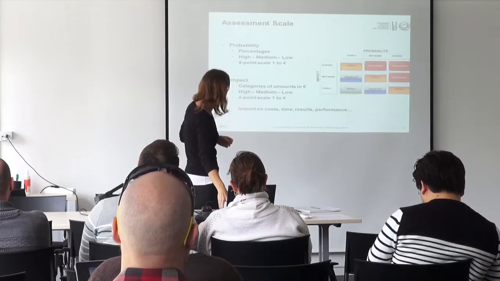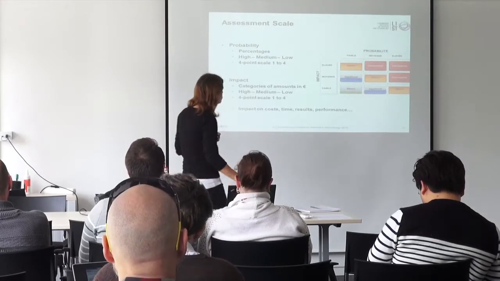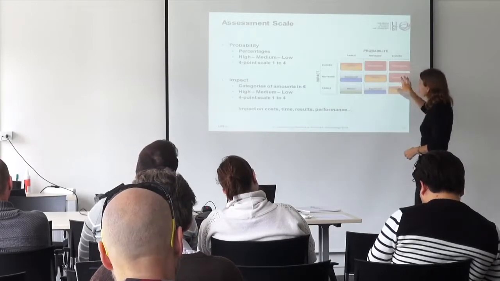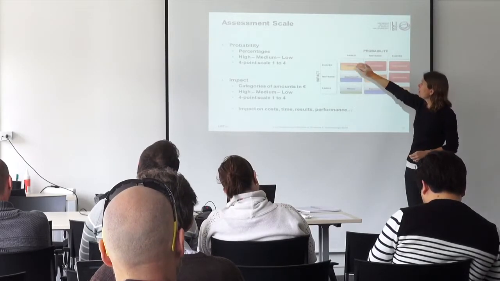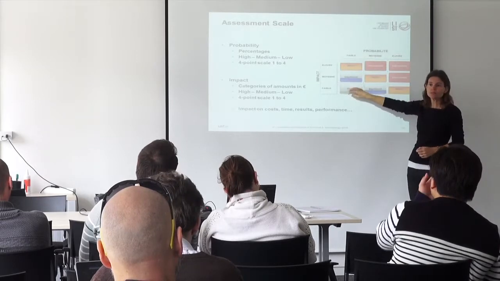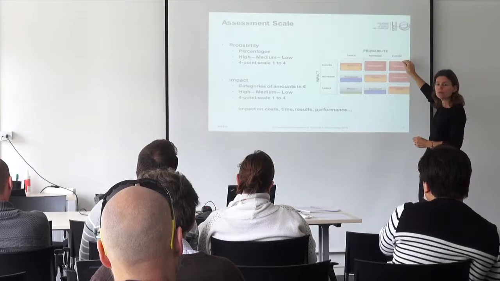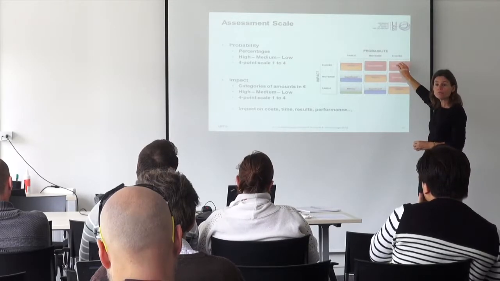So at the end, what you want to be able to do is to place your risks in such a matrix. Risks that are low impact, low probability would go there. The ones that have high impact, high probability would go up there.